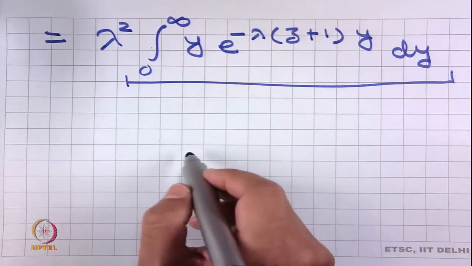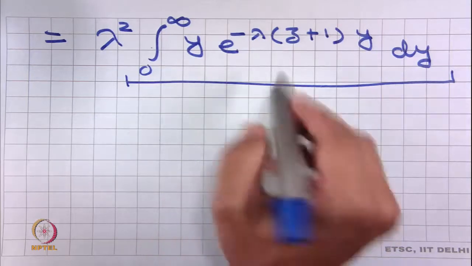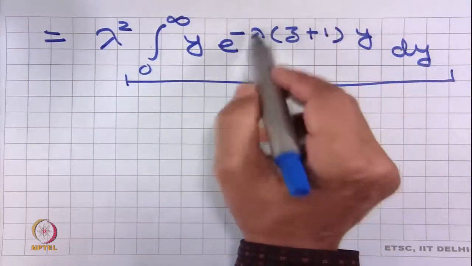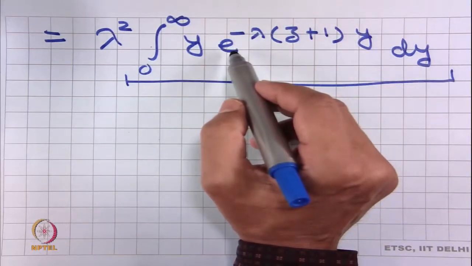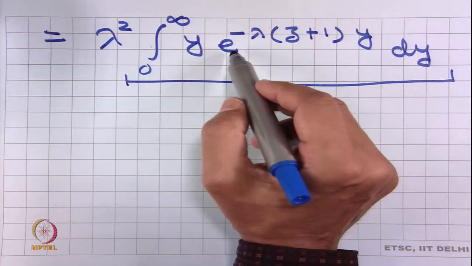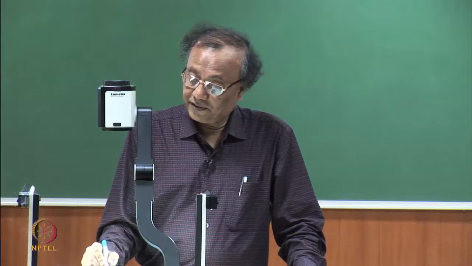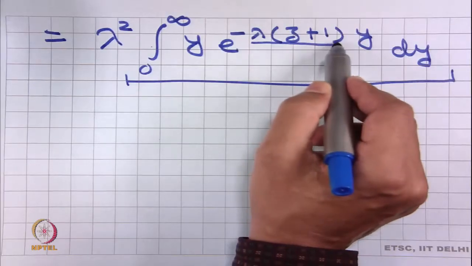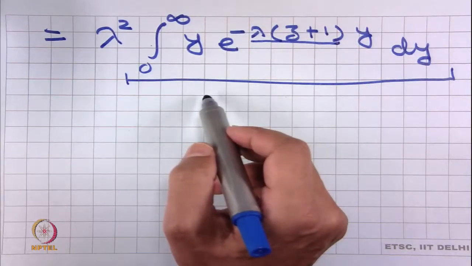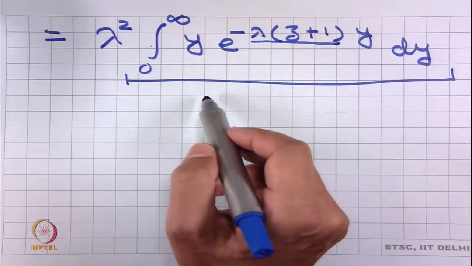Now, let us look at this term. This resembles exponential distribution, where for a fixed z the parameter is lambda into (z+1).